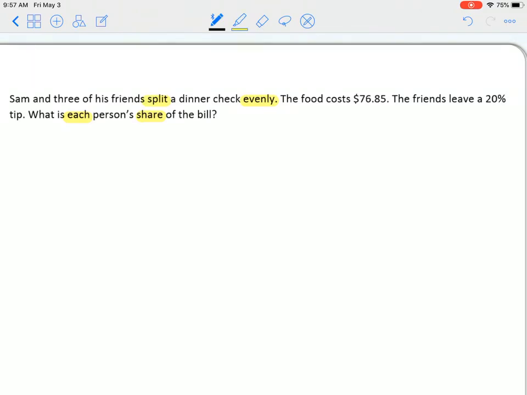So all of these words, split, evenly, each, and share, are telling me to do one kind of math, and that is division. So the key words are telling me there must be some division in this problem. They also mention a percent, the 20% tip that they're going to leave.